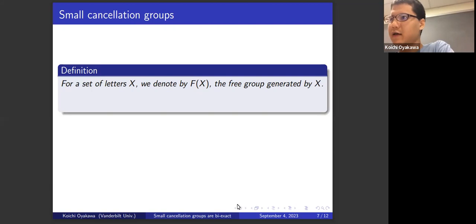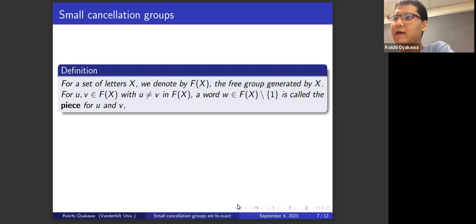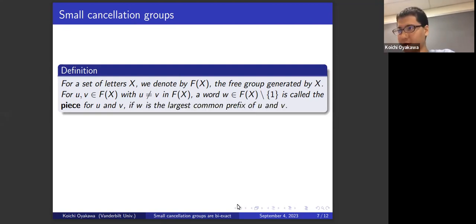So first, let X be a set of letters, and F(X) is the free group generated by X. Then, given two distinct reduced words, we can define what is called a piece. So a piece is essentially the common prefix of these two words.